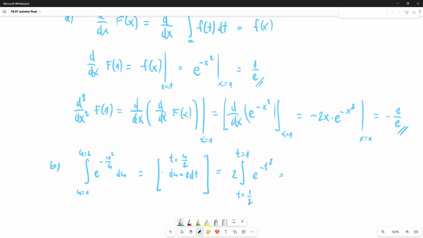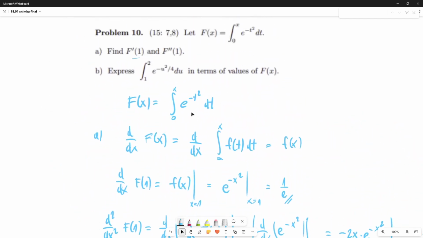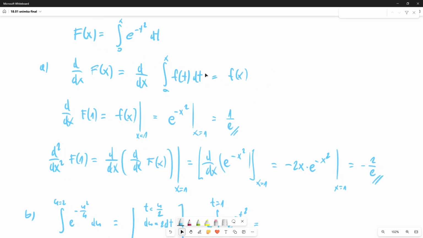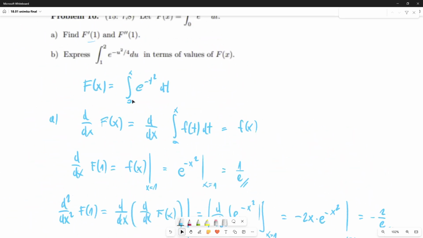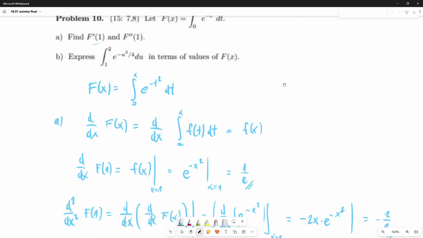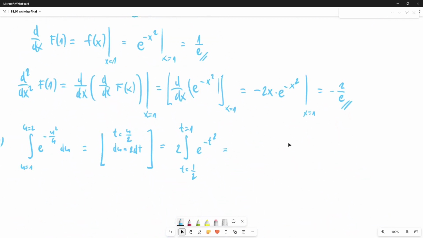And now we're almost there. However, in this case, we don't have 0 as a lower bound. F of x is the integral between 0 and x of this function, and we need to reduce our integral to integrals where 0 is the lower bound.